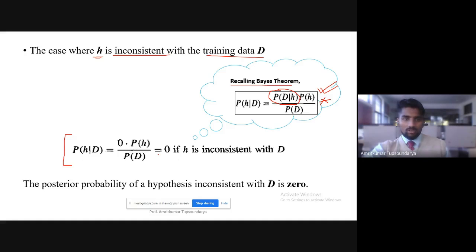To put it in a nutshell, when I have a hypothesis which is inconsistent with the training data, then my posterior probability, the computed probability, please remember, this is our posterior probability.